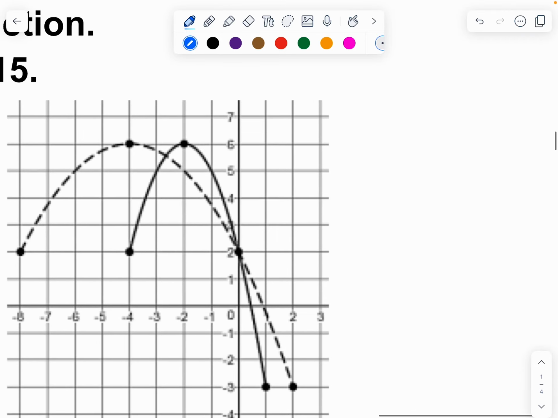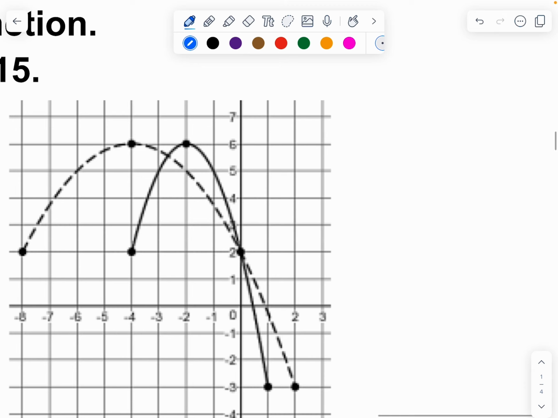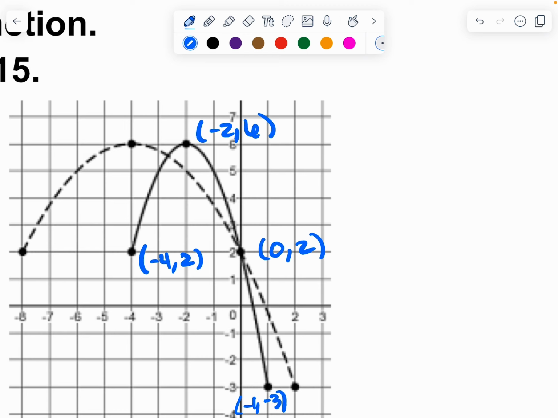Now, the original one has the points -4, 2. This one has -2, 6. This has 0, 2. And this has -1, -3.